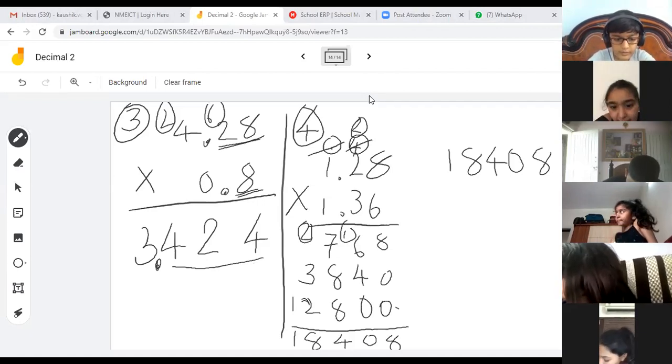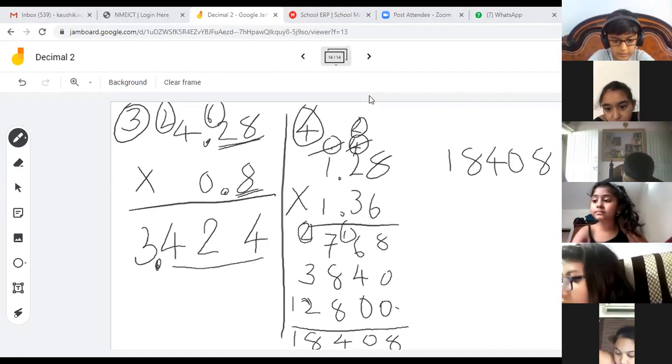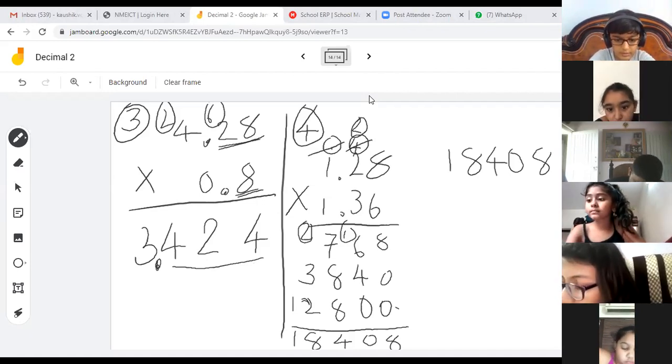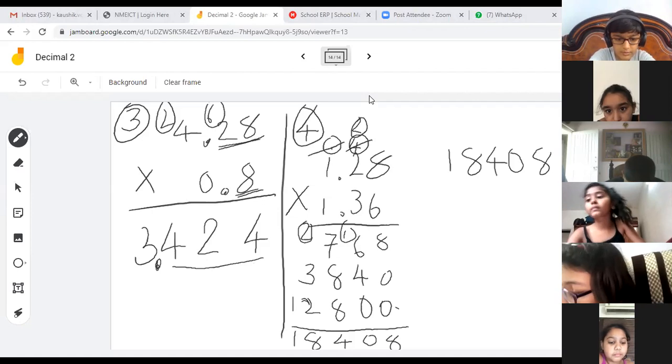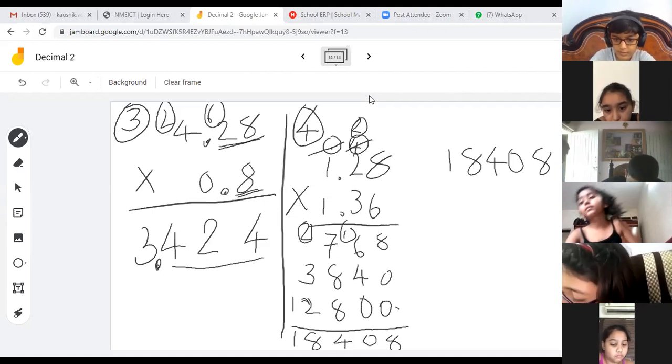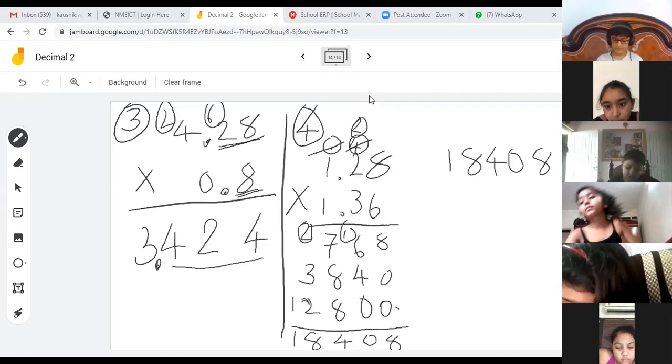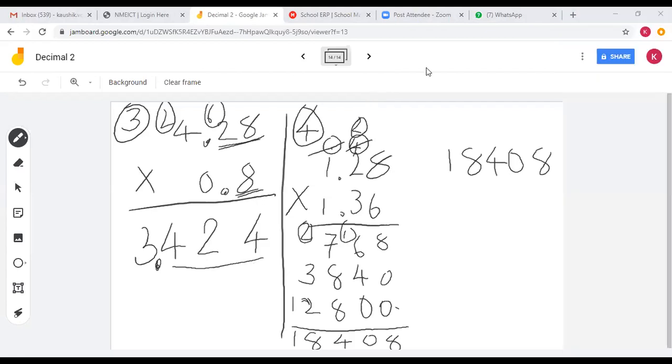How many are there? 2 or 4? That is the confusion. 2 or 4? Come on, everyone. Yes, correct, Shivani. Very good. Yes, 4. So in the answer, you have to count 4 digits from the left. 1, 2, 3, 4. And put 0 point here.